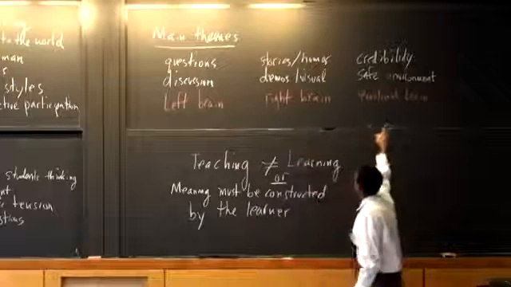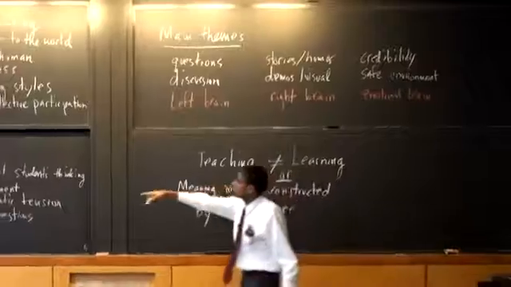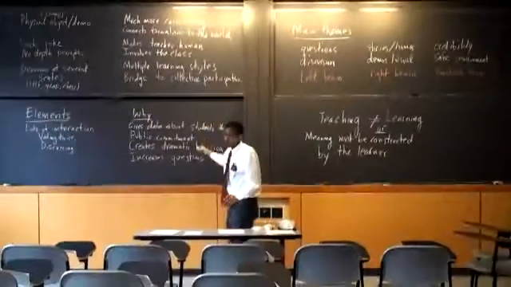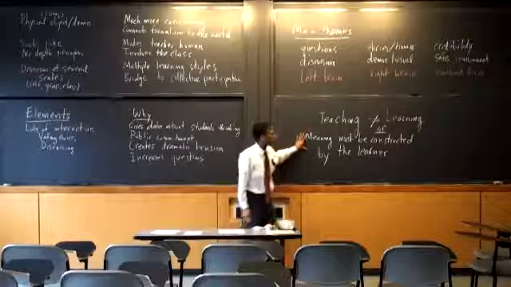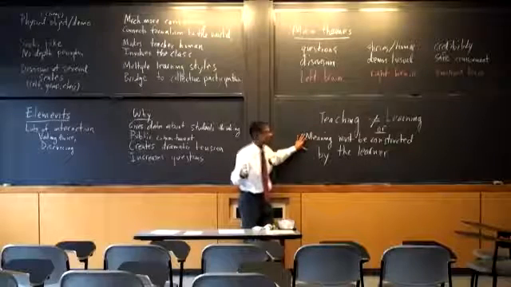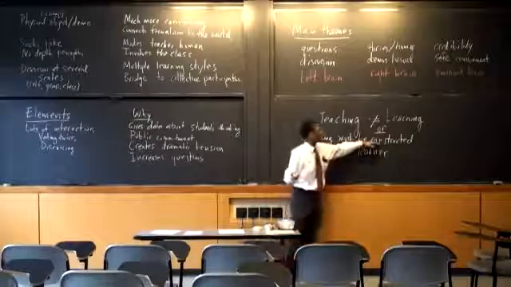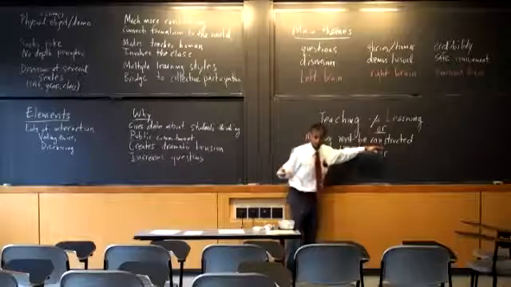And all of these ideas up here, these scripting elements, these principles, are ways to help that construction happen. Just telling them doesn't do it. You have to enable, facilitate that construction.